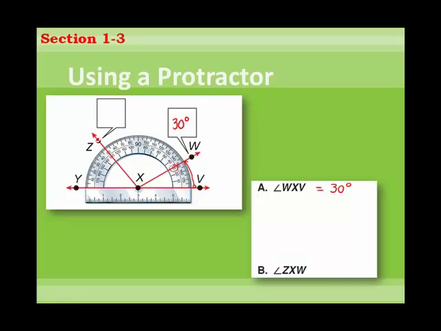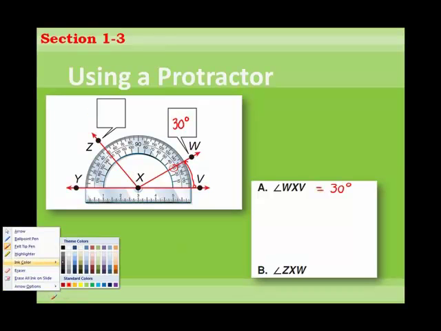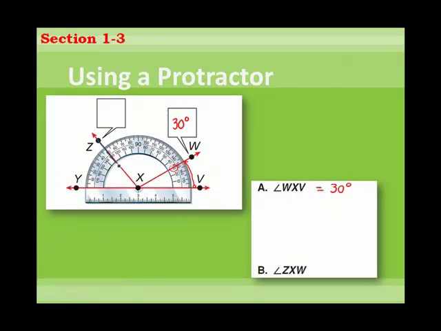Then if we look for ZXW, that's this angle here. So let's see if I can trace it in a different color. ZXW is this angle here. Now how would we go about figuring out how big that angle is when neither of the sides actually lies at the 0 mark? I know the measure of YXW, this big angle here, is 150 degrees.